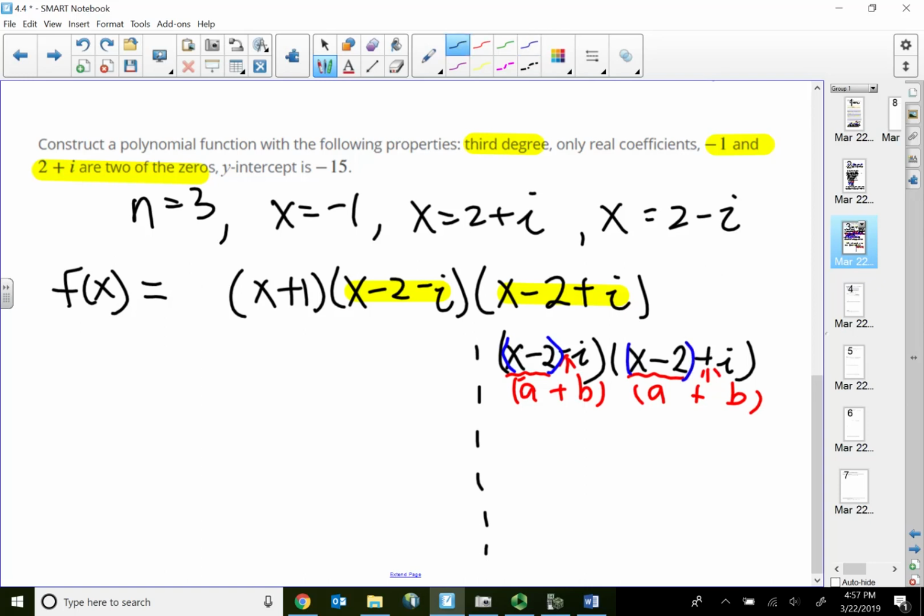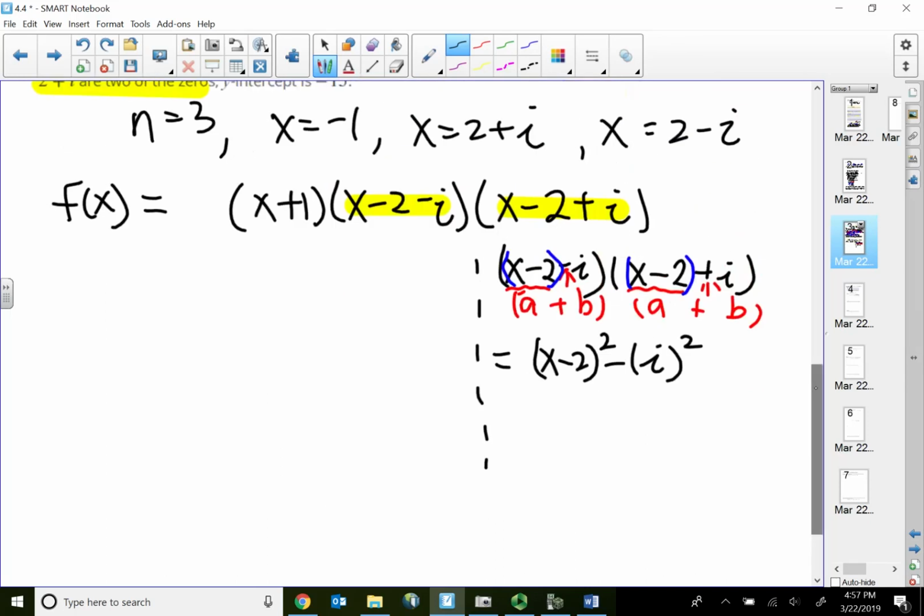So if you remember difference of squares, that means my a will be squared minus my b, which is i, will also be squared. Because if you see it this way, you can actually know what these two multiplied together will equal. So by the perfect square binomial, I can multiply this out to be x squared minus 4x plus 4.